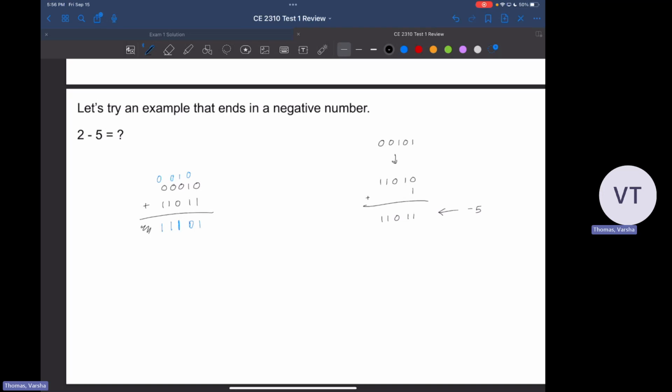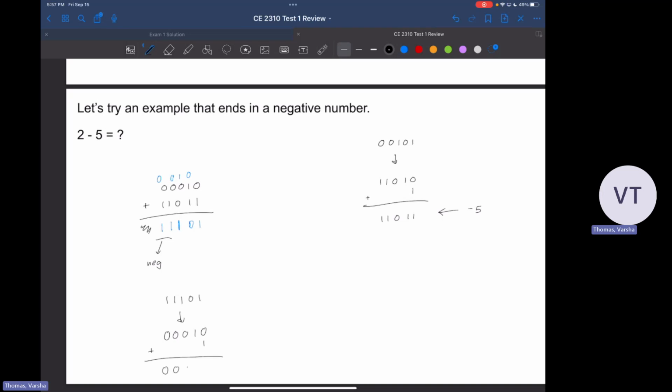Okay? So now we have this, and we notice that this is a negative number because we are working in 2's complement. So in order to figure out what this is in decimal, you have to convert it first. If you convert it now, you will get a number too big, something that is not 2 minus 5. Okay? So we have 1, 1, 1, 0, 1. We're going to invert it: 0, 0, 0, 1, 0. Add 1.